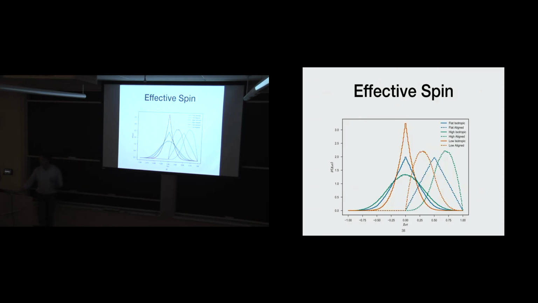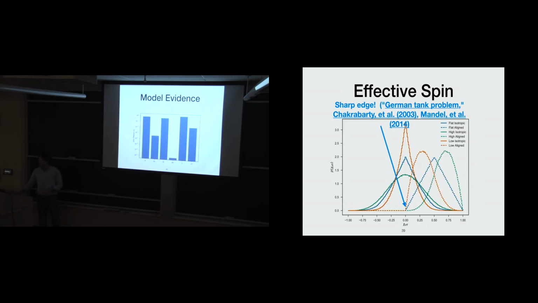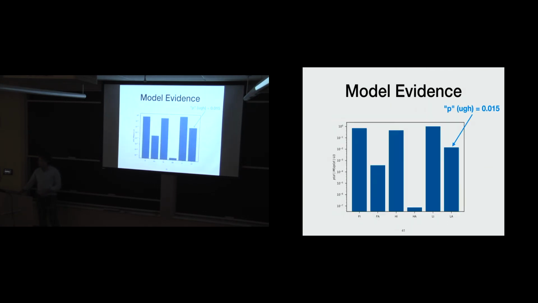So if you run through some population modeling, there's this nice sharp edge. We can talk about that later. If you run through some population modeling, you compare various assumptions about the typical magnitudes of spins, for isotropic and aligned, isotropic, aligned, isotropic, aligned.